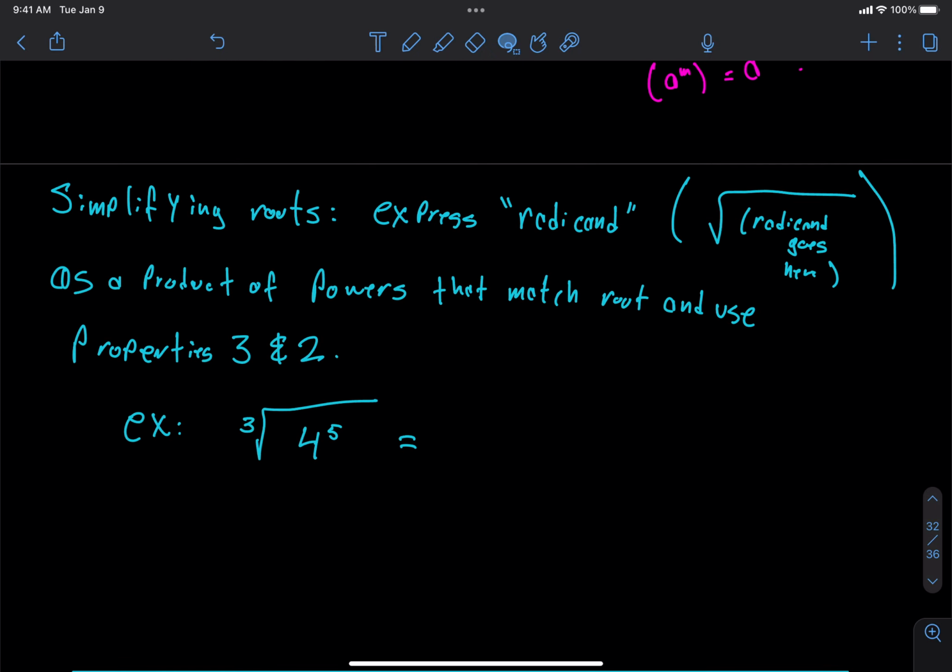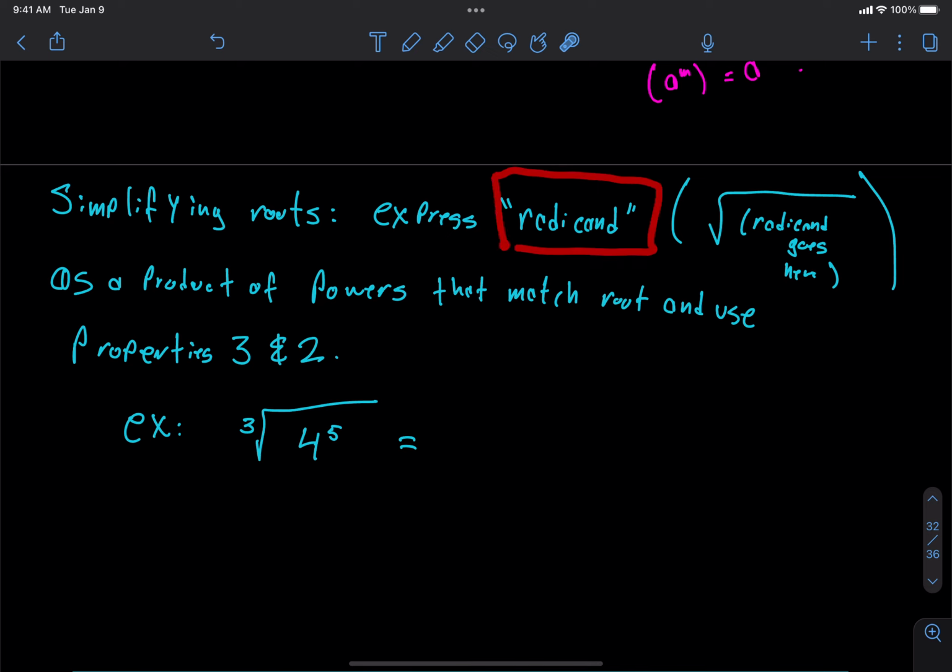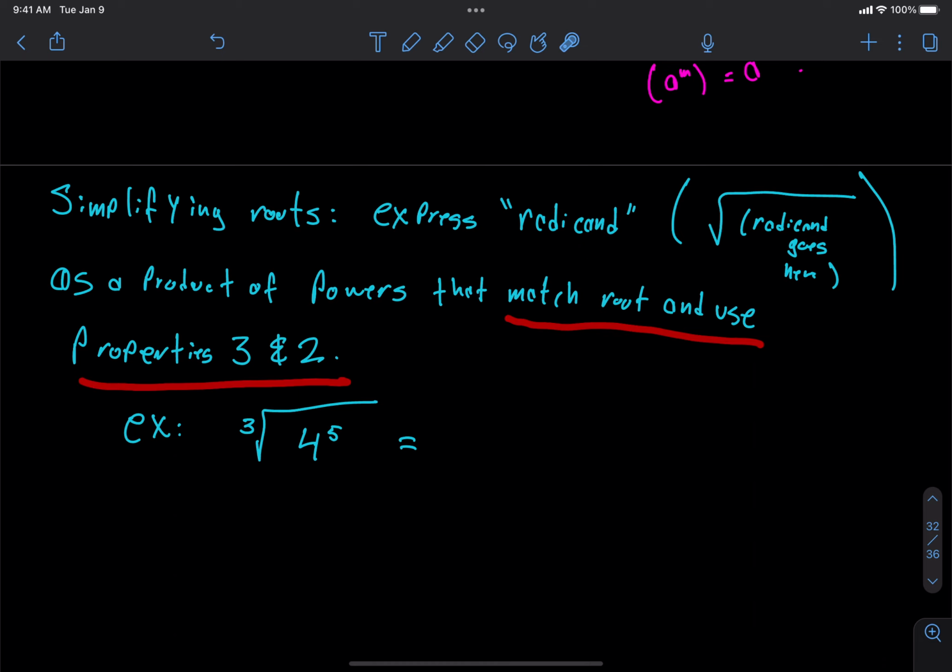So the first thing that we want to do when we're simplifying nth roots is express the radicand. What I mean by the radicand is whatever is under the root. So I want to express whatever is under the root as a product of powers that match the root, and use properties 3 and 2.